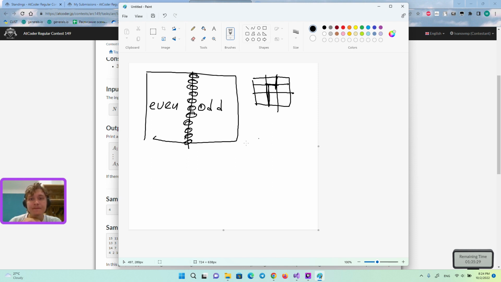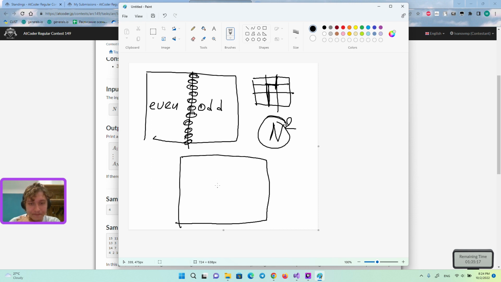I guess we can try to make many numbers in the odd case. We may try and make a lot of n squared sums. For example, we try 1 and n squared minus 1, 3 and n squared minus 3, etc.